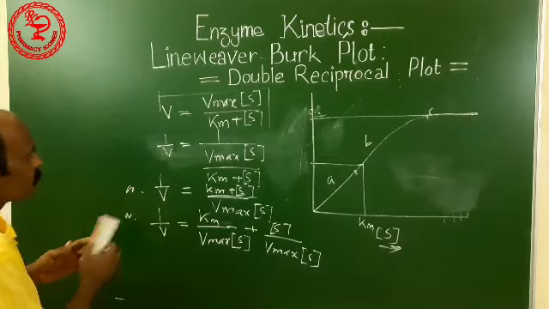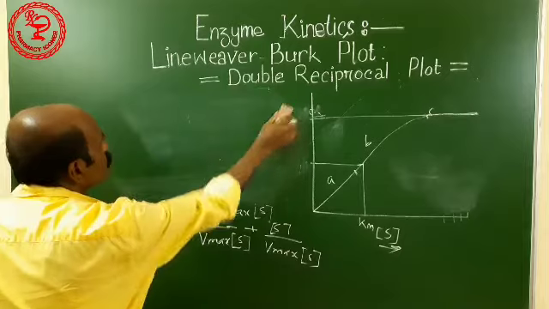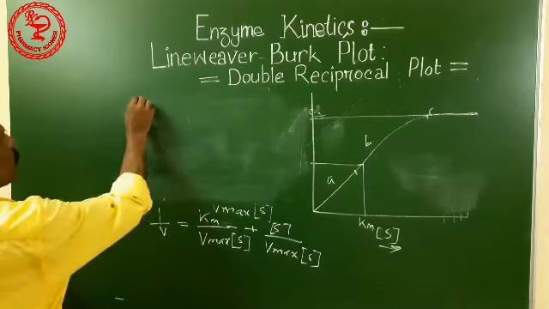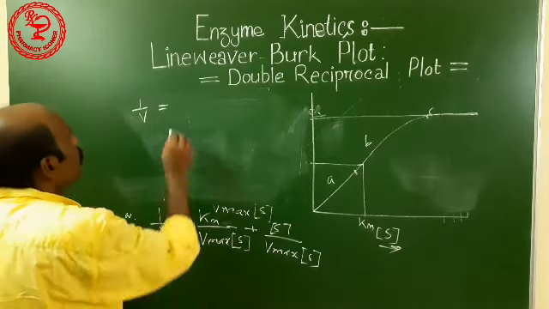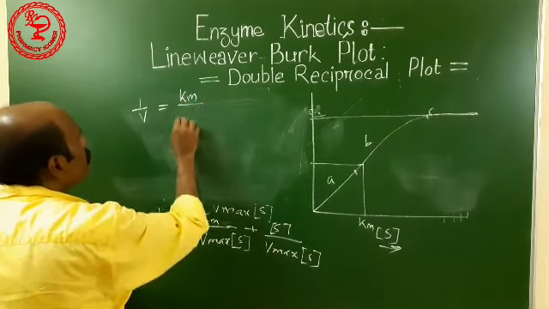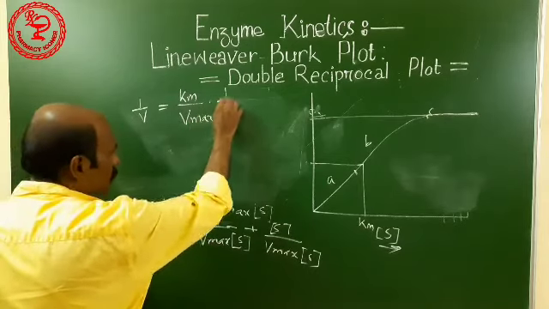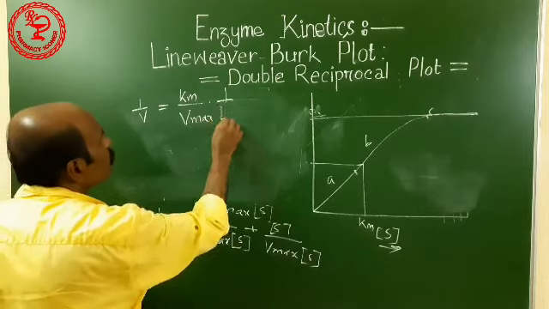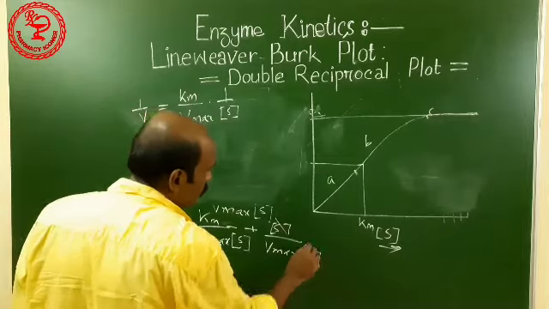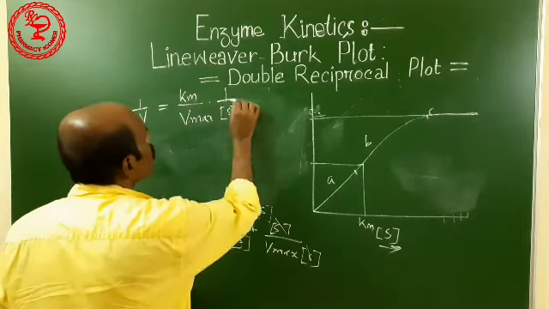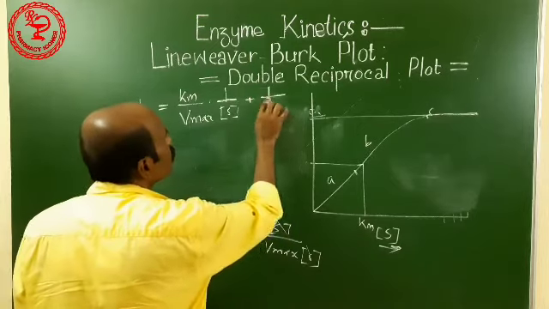Again, if we further simplify it, 1 by V is equal to Km by Vmax into 1 by substrate concentration, plus S and S will be cancelled, plus 1 by Vmax.